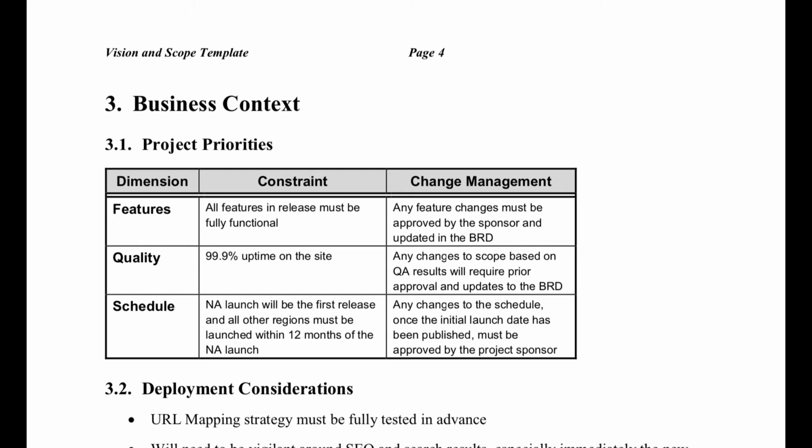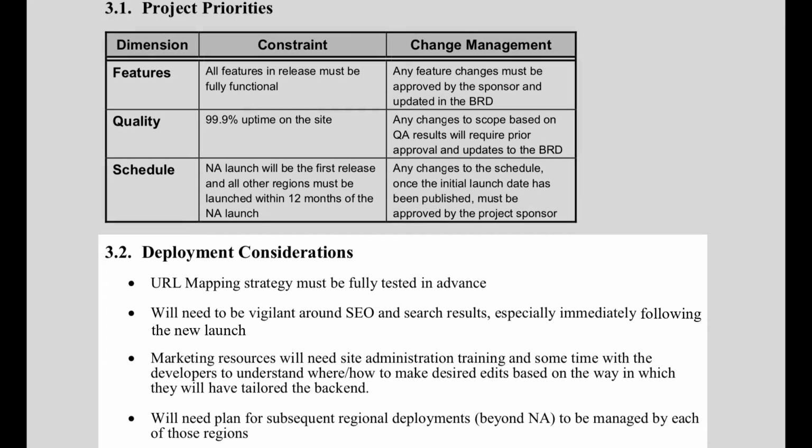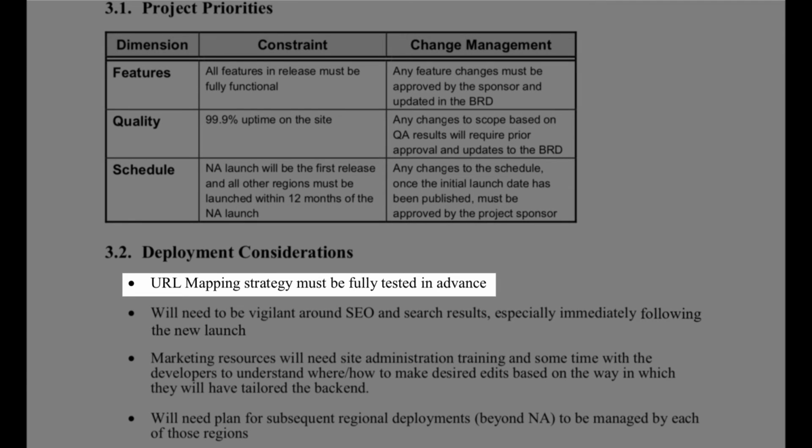Now let's take a look at our next section, which is deployment considerations. These are things that the stakeholder feels need to be thought about when we're looking at launching these changes into production. So the first thing is URL mapping strategy must be fully tested in advance.